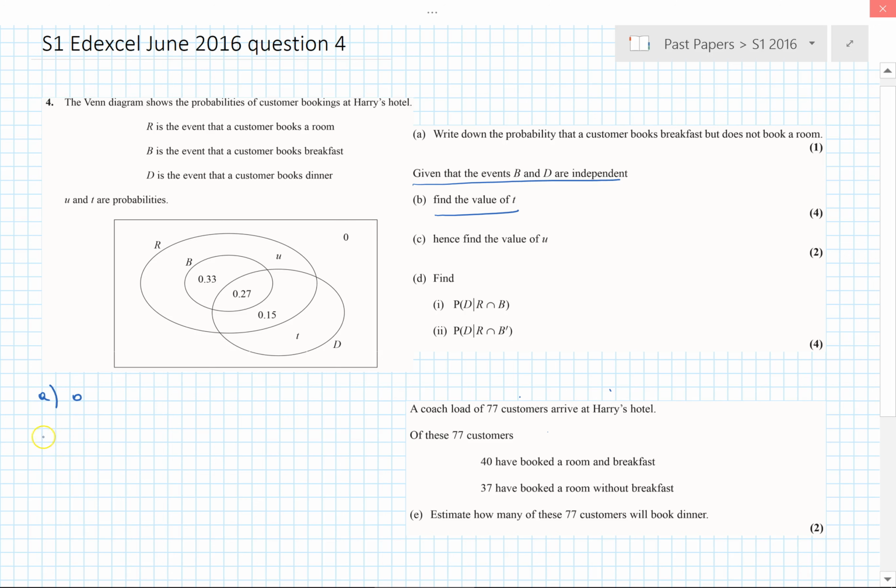Then it says given that B, D are independent, find the value of T. A condition for independence is that the probability of B and D happening is equal to the probability of B times the probability of D, if independent.